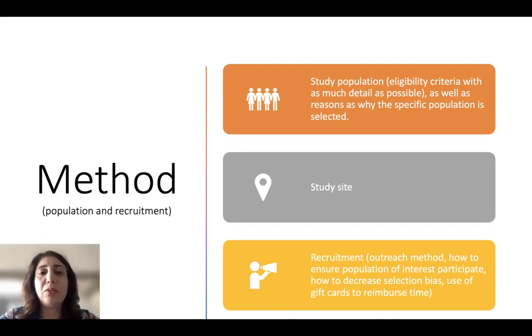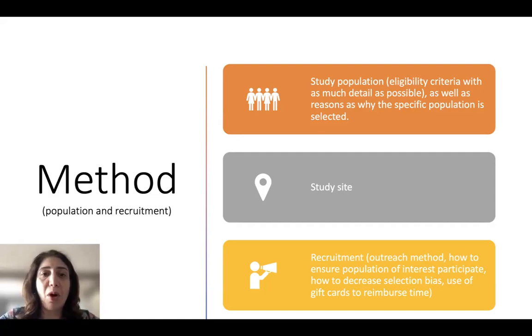And you need to specifically outline here the eligibility criteria of these study participants. For example, these are faculty from a specific department, in a specific subspecialty, or you're including faculty from all departments. And you also want to specifically mention why that specific population is selected.